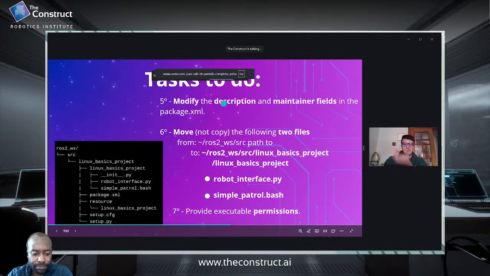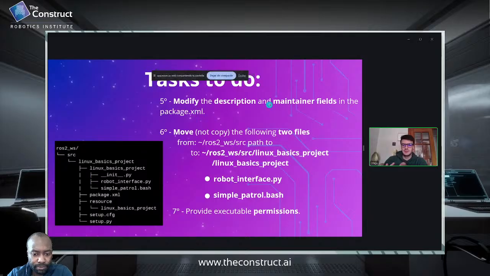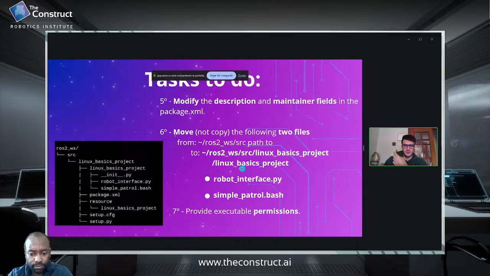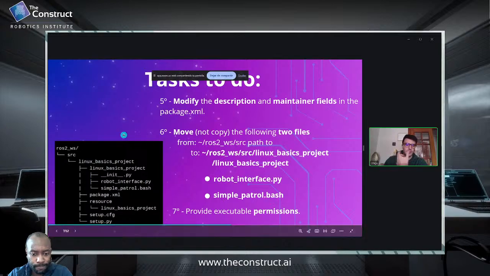And after that, they told us to modify the description and the maintainer fields in this file. And then it tells us to move 2 files from this path to this path inside the package that are going to be robot_interface.py and simple_patrol.bash. That if we look to our workspace, it would look something like that.